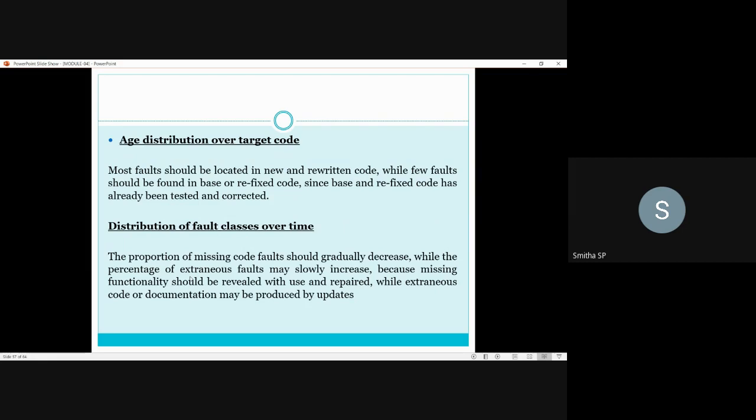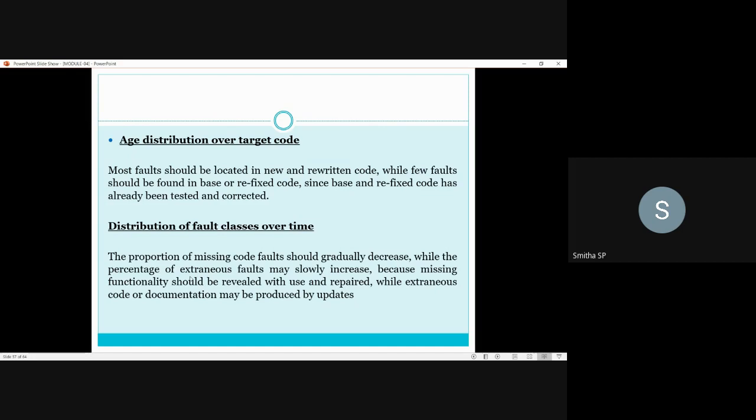When you identify the faults, you give them to the developer for fixing. At that time they will rewrite the code, or they may come up with new code itself. So the faults will be located in this code, either the new code or the rewritten code, while a few faults should be found in the base code or refixed code.